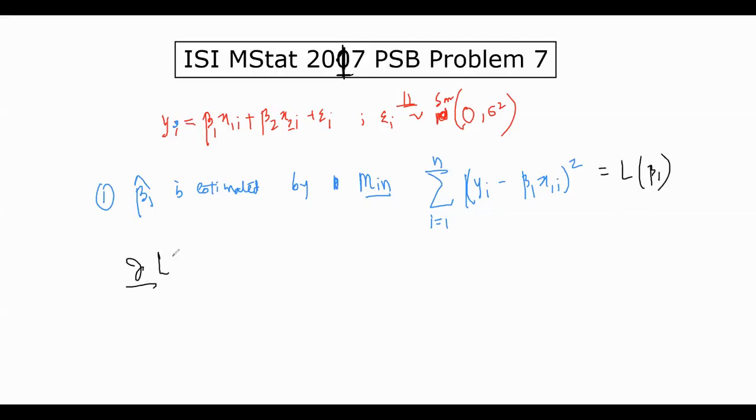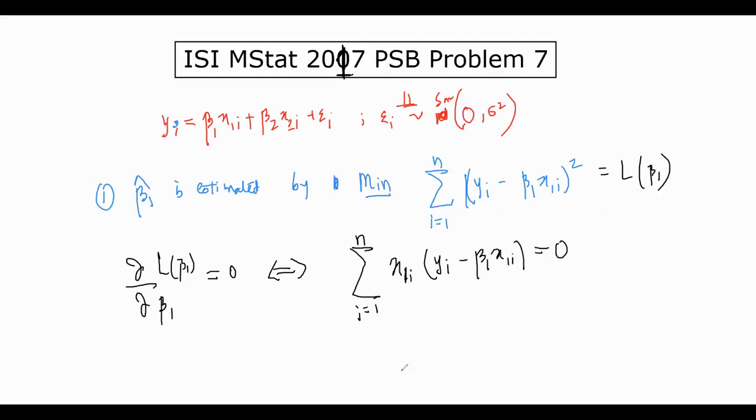We will do d of L beta 1 by d beta 1 equal to 0, which will imply that summation of i from 1 to n, x1i times (y_i minus beta 1 x1i) is equal to 0, which will imply that beta 1 hat, if you solve this, comes out to be summation of x1i y_i, i from 1 to n, by summation of x1i whole square. Okay, so this is the estimate of beta 1 hat.